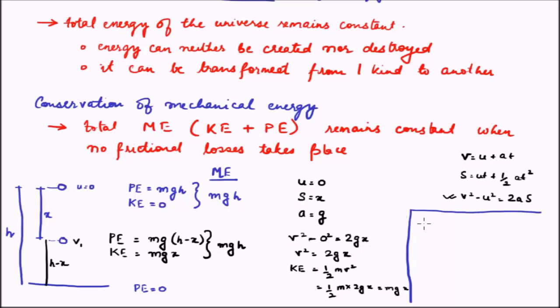Let us imagine that the velocity here is v. In fact, this had to be v1 since we have assumed it as v1.